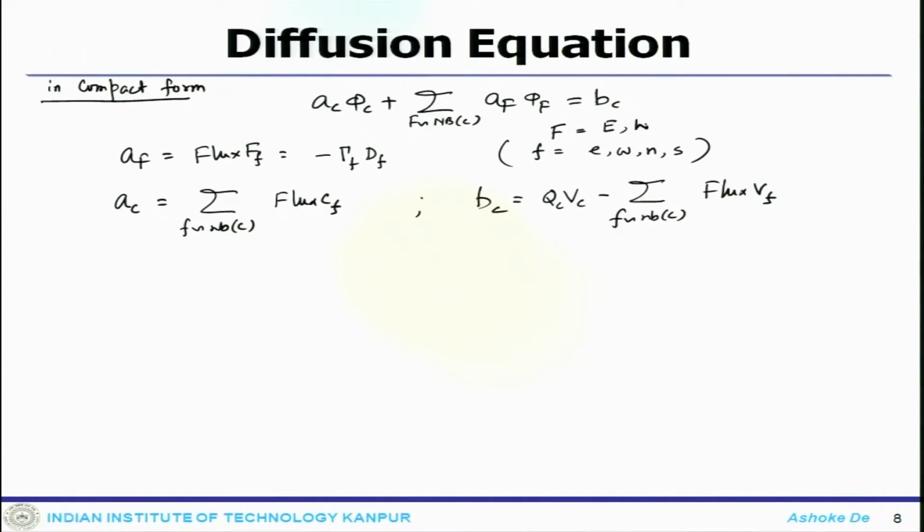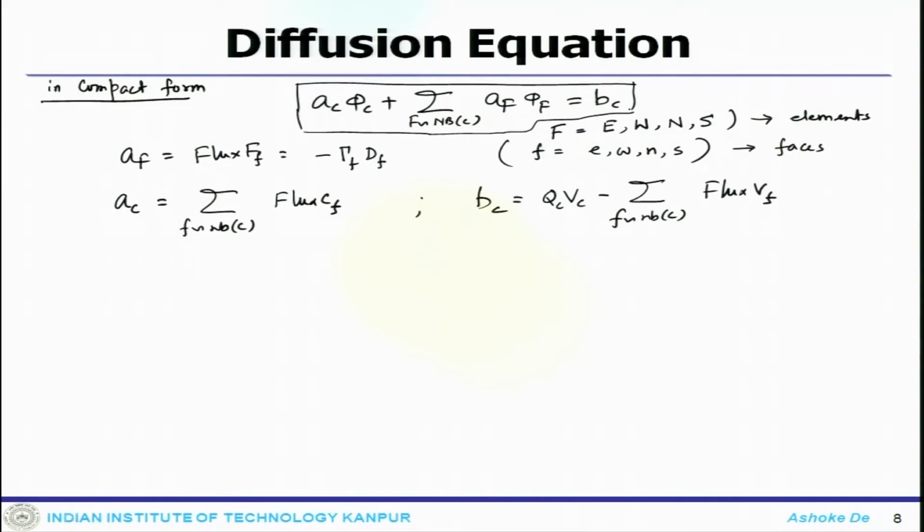Capital E, capital W, capital N, capital S stand for the cells or elements, and small f is the face. These are the corresponding faces. So, please note that capital F and small f are not the same: one corresponds to the cell, the other to the face.